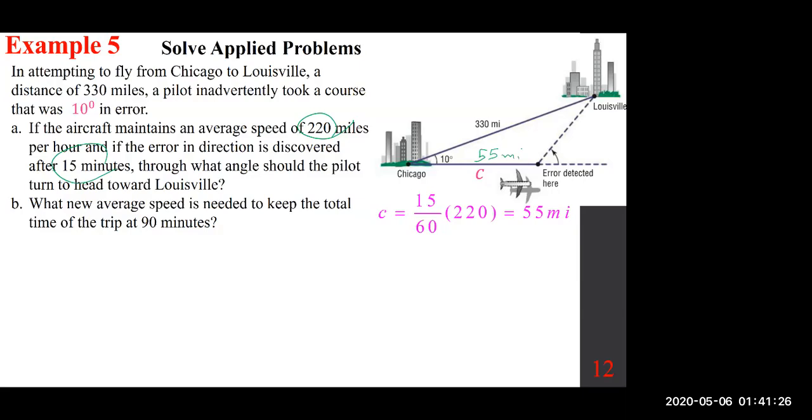All right, that sounds good. Now, what we need to do is to find this angle.